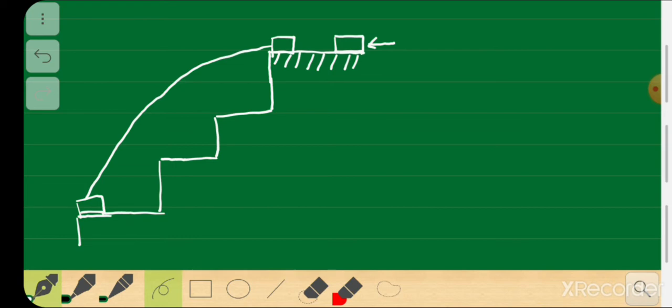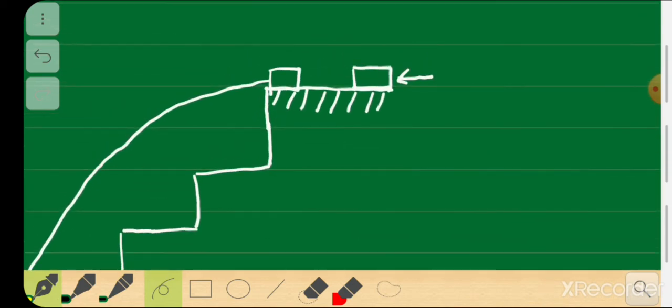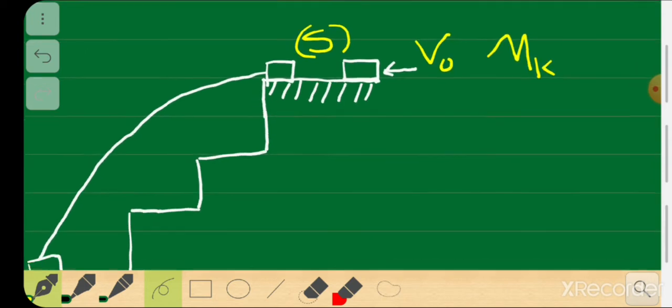What other information do we have? The box is going to travel some distance, say s. It has an initial velocity v0, and the frictional coefficient is mu k, the kinetic friction of the surface.